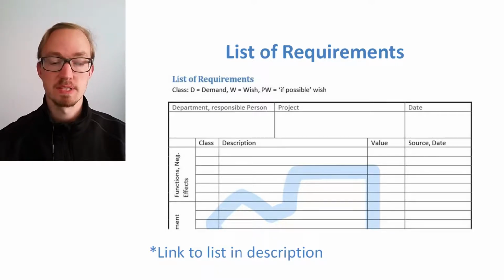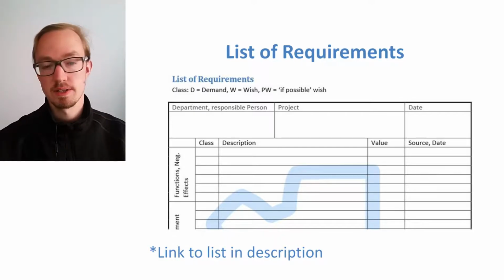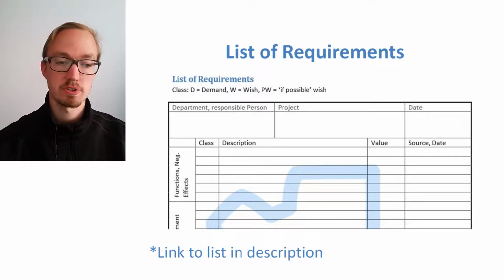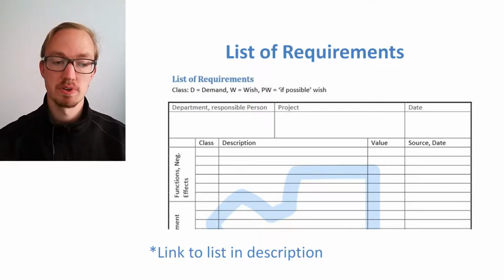So then basically after the class is the description of the criteria. And then we have the value of the criteria, where we then give a metric. Again, SMART goal, M is for measurable. So if we can give it a value, then we can directly check without any problems if we reach this criteria. And of course we need to add the source and the date.